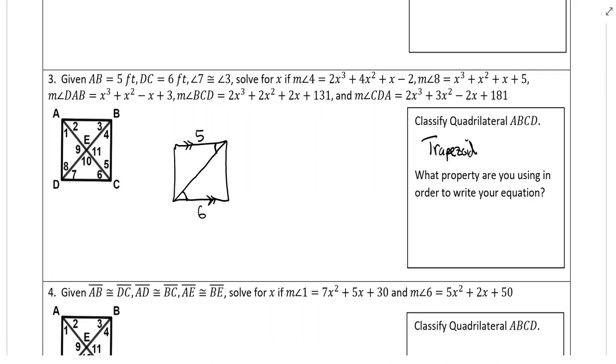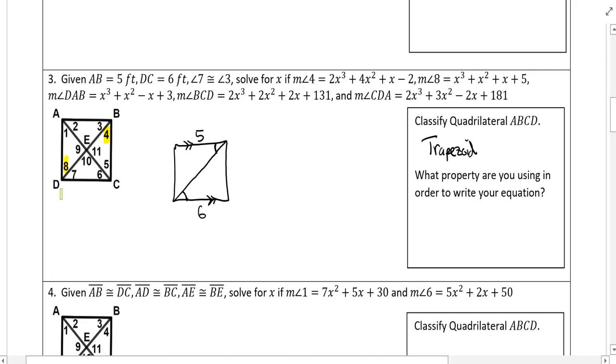Once we know it's a trapezoid, what are they giving us? We have the measure of angle 4, which I'll highlight, and the measure of angle 8.